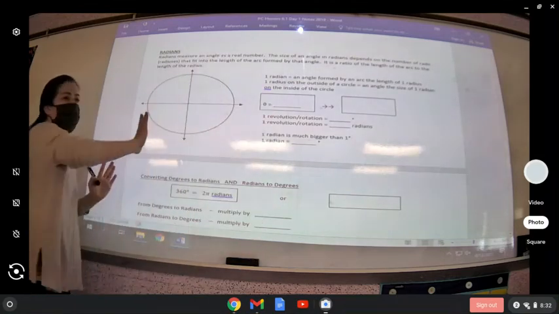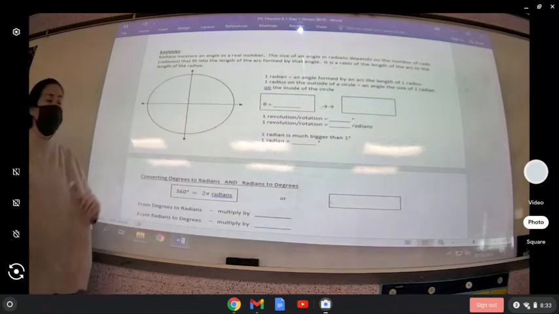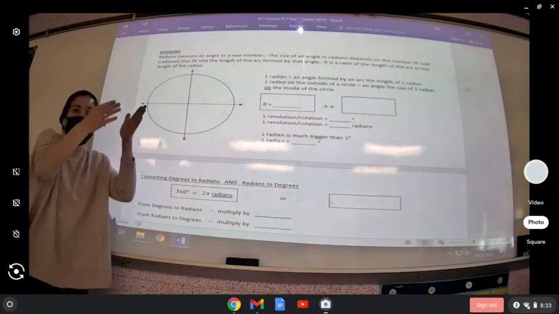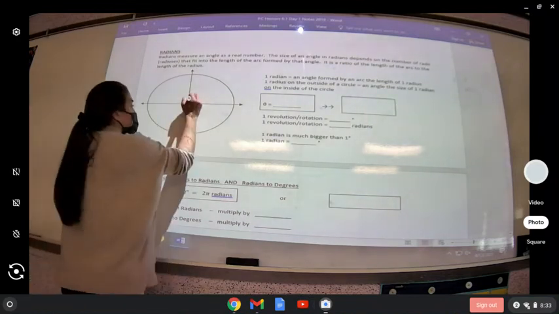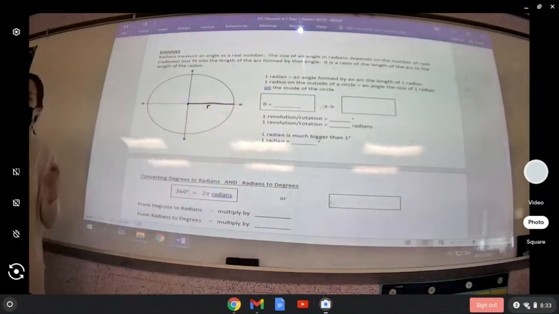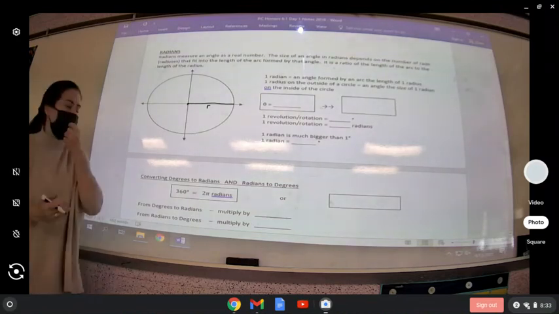So guys, picture a circle, right? I put it on the coordinate plane centered at 0, 0. Everybody knows what the radius of a circle is, right? It's the distance from center to side. So right now, the radius of this circle is that long. That's the length of it, that's the distance.